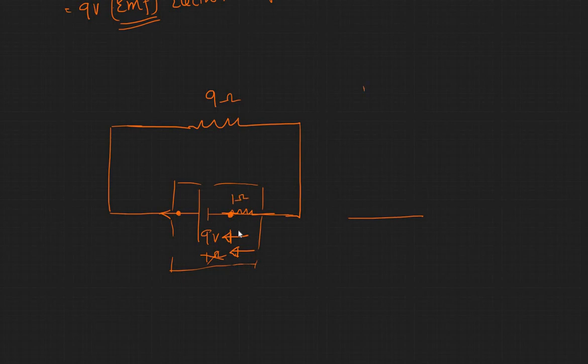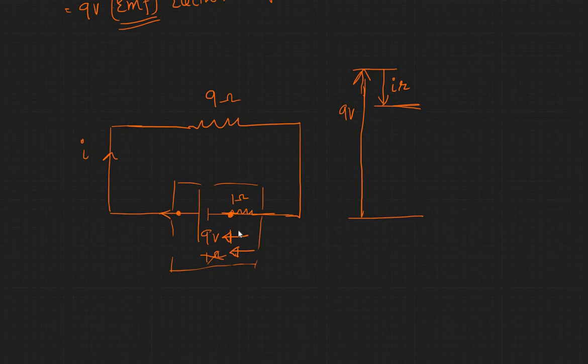So what will happen is you get 9 volts of energy, but then, if the net current in the circuit is I, you lose about IR. This much energy you lose in the battery itself.